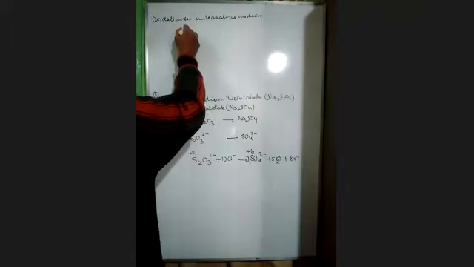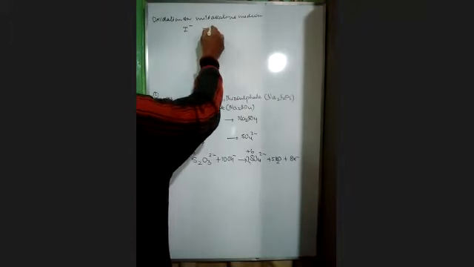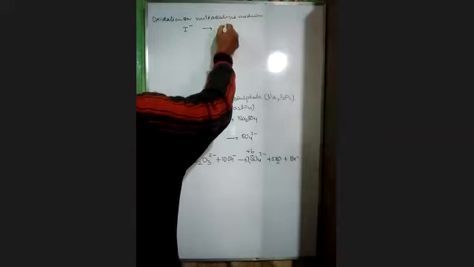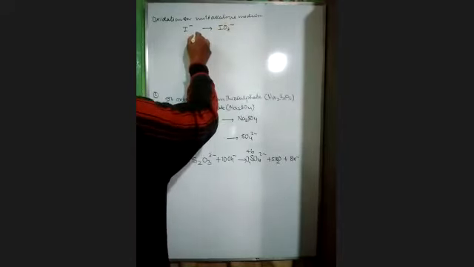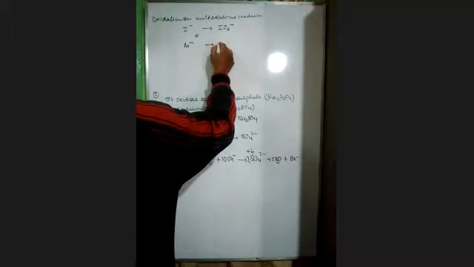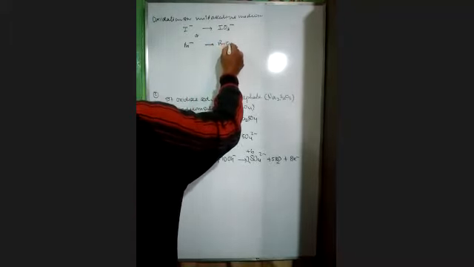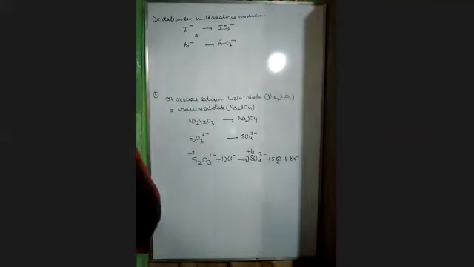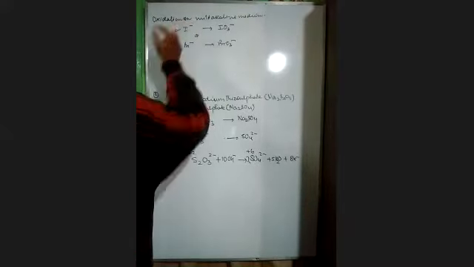See here it is I minus to IO3 minus or Br minus to BrO3 minus. I don't know in your book which is being given there, but both ways you can do the same thing. So I'll do this one, I minus to IO3 minus.